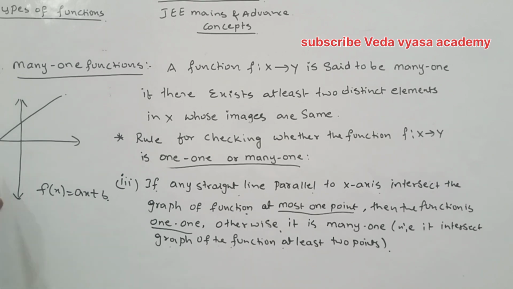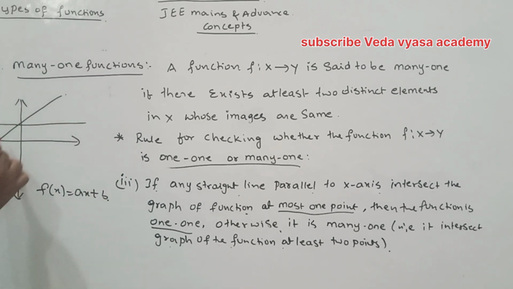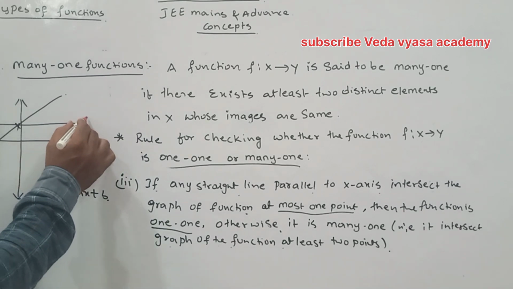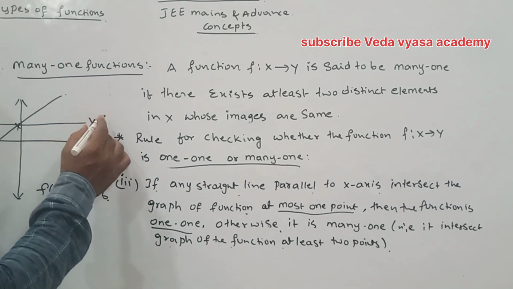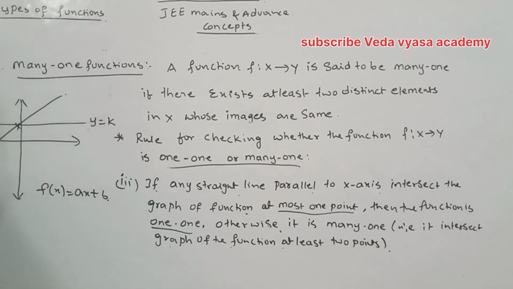So you draw the line parallel to x-axis. It intersects only 1 point. This is y is equal to k, which is parallel to x-axis. It intersects at only 1 point.